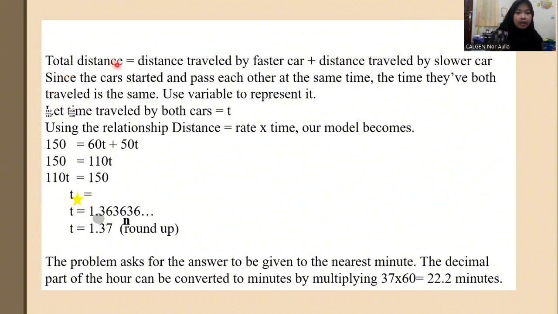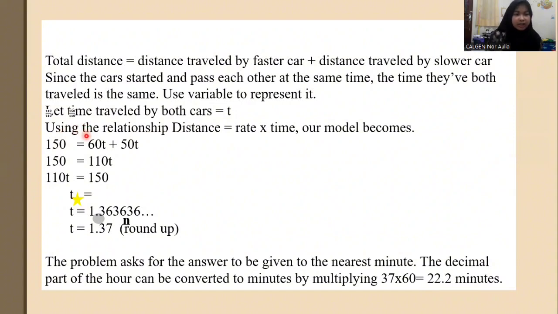Total distance equals distance traveled by the faster car plus distance traveled by the slower car. Since the cars start and pass each other at the same time, the time they have both traveled is the same, so we use one variable to represent it. Let the time traveled by both cars equal t.